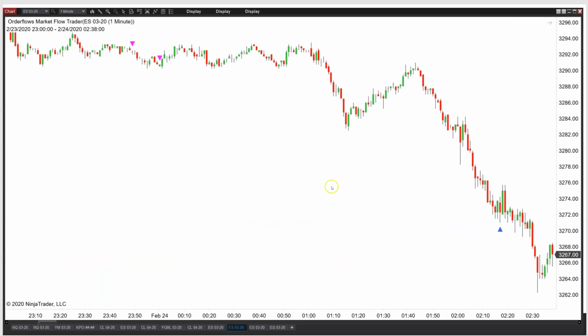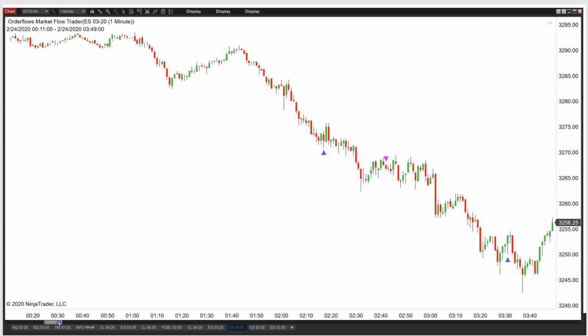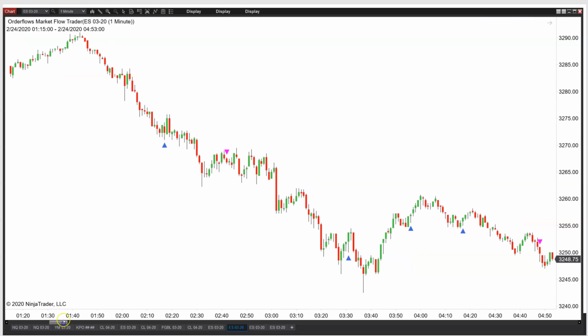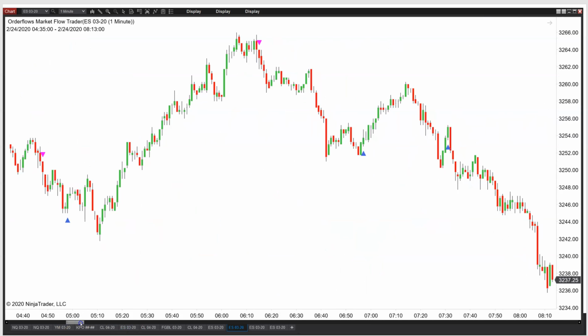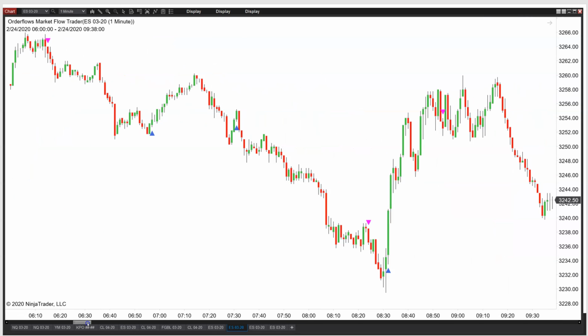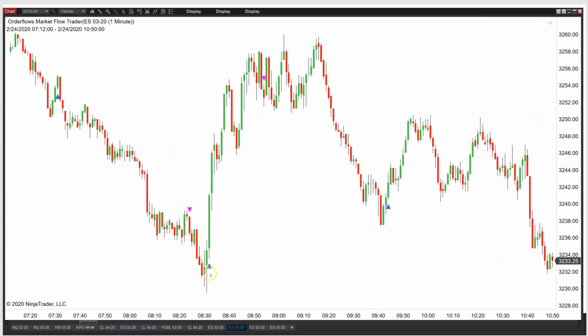Let me just go up here. This was a losing trade here, right? But then it came back at a nice winning trade. Some small winners. Again, this is an E-mini 1-minute chart. Here's the cash open. Nice big move.